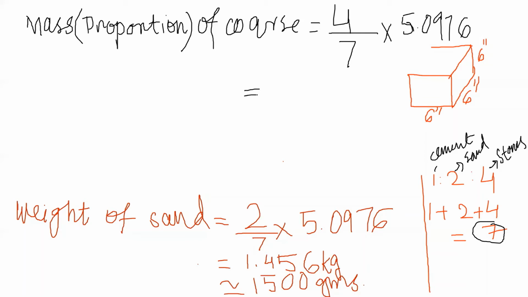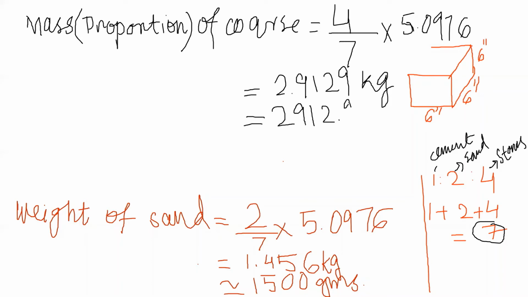And how can I calculate it? 4 divided by 7 multiply by the total weight, 5.0976. It is 2.9129 kg. So it will be 2912.9 grams. So I can take it as 3 kg or 3000 grams.